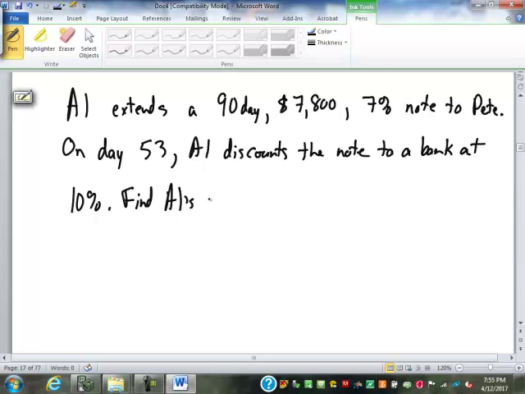Find Al's proceeds. Now, before you start calculating here, do you think Al is going to get more or less? Al started out lending $7,800. Do you think Al is going to end up with more or less than that in the end? He did hold it for 53 out of 90 days, so that's more than half of the term.